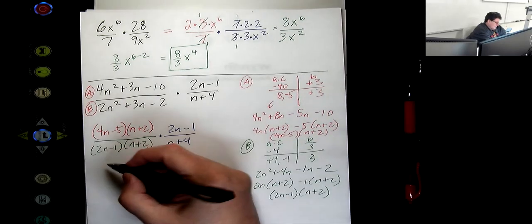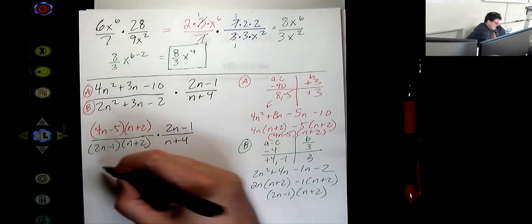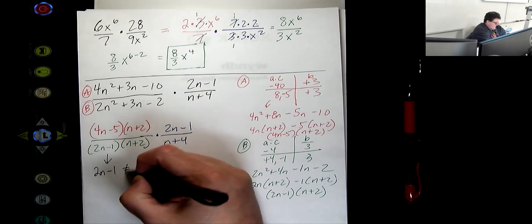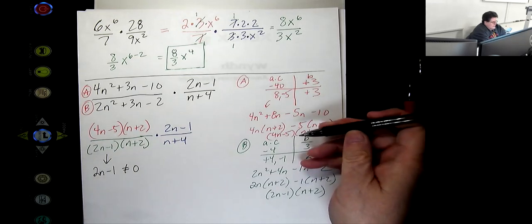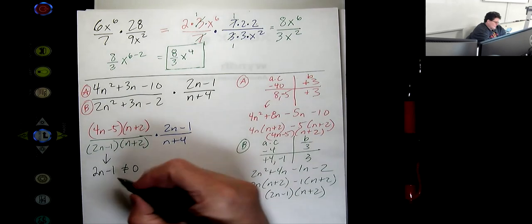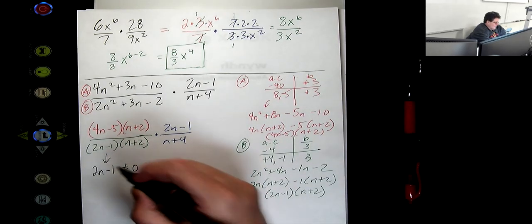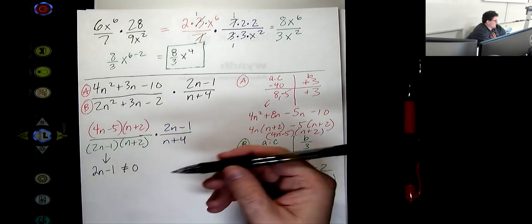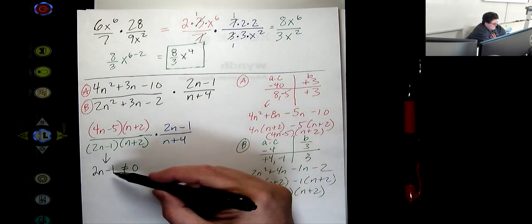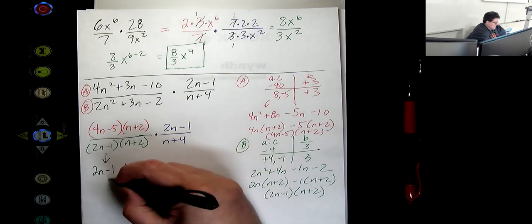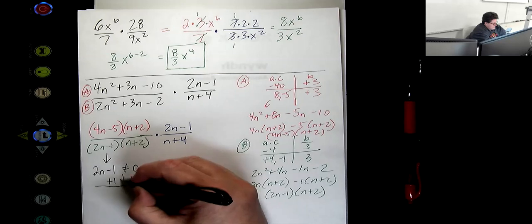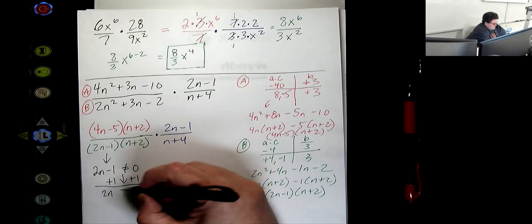If I deal with the 2n minus 1 and I don't want it to equal 0, basic steps in algebra, and we'll cover this in more detail with more examples in chapter 1, but you want to get n by itself, so you undo every operation that's happened to it so far. Right now it's subtracting 1, so the opposite of subtracting 1 is adding 1. So if I do that, I get 2n does not equal 1.